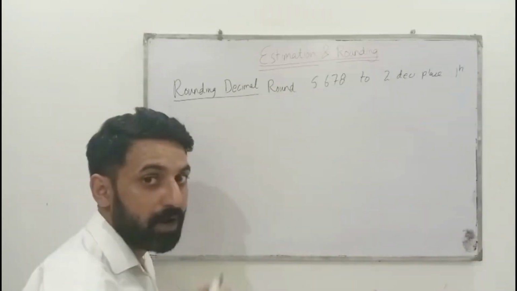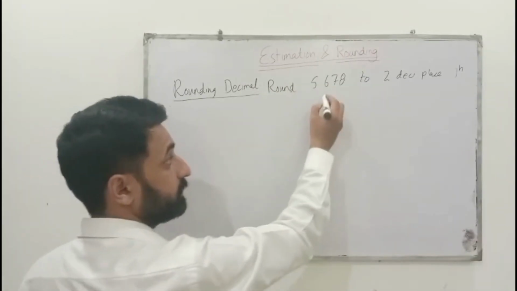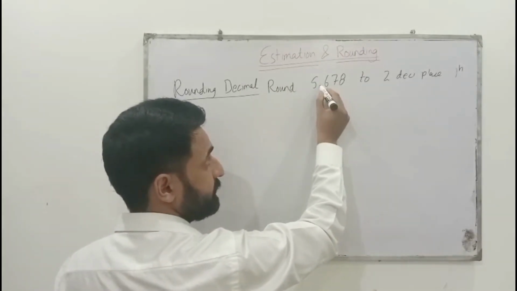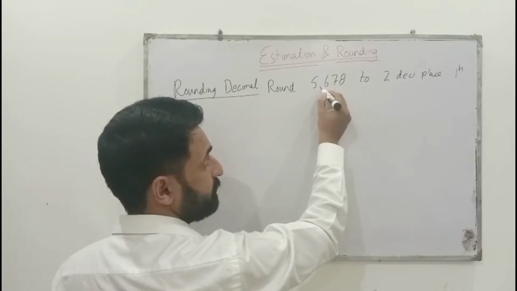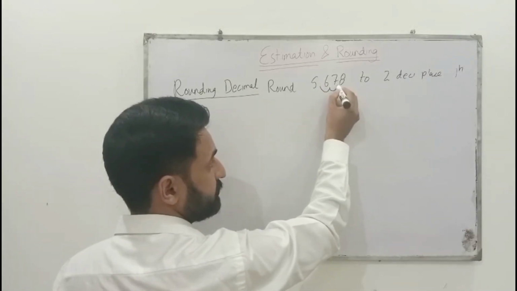So now you have to focus here. Two decimal places. That is the decimal point. We will move two decimal places.